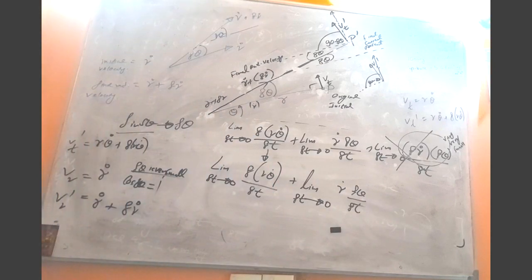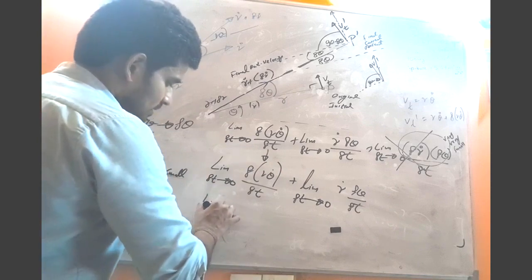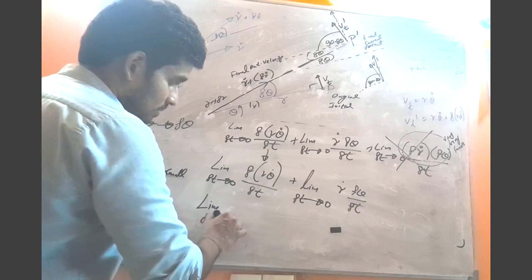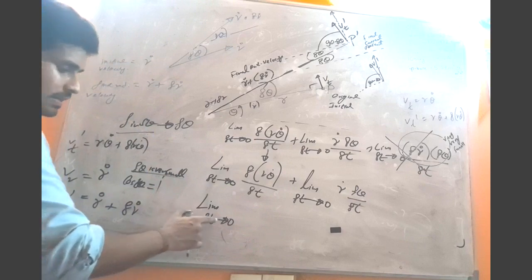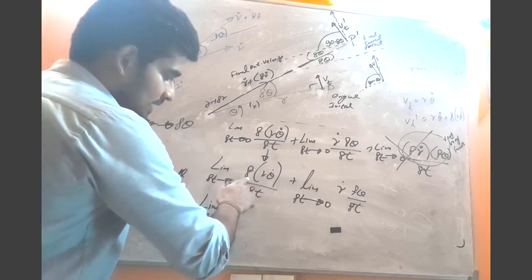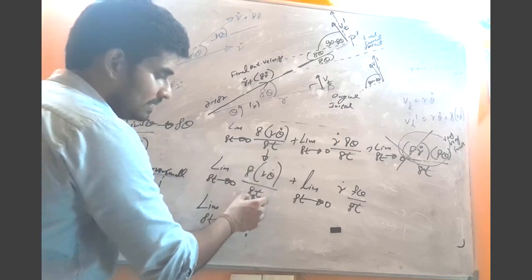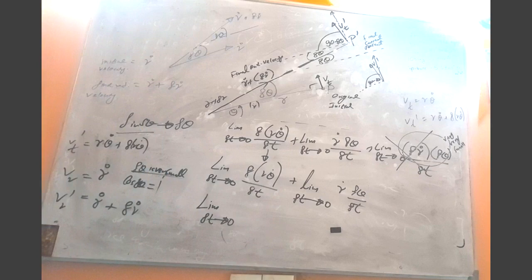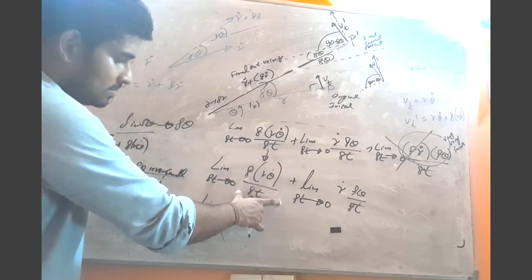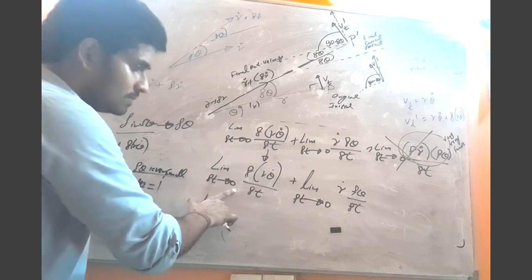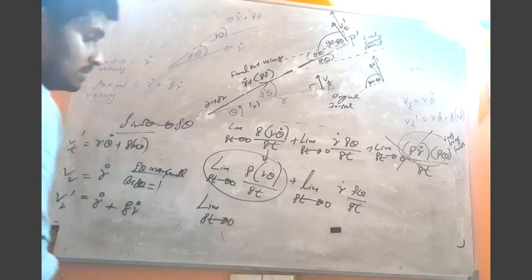Okay. So now here we have this limit delta t tends to 0. We have this statement, right? Limit delta t tends to 0, delta of this component divided by delta t. So the limit of this component when delta t tends to 0, if we have something, just recall the fundamentals.